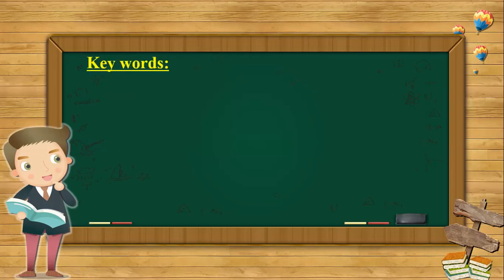Now we've come to the keywords part. The keywords, what are they? Let's say them again. The keywords are flags in the sentence. When I see them, I know I have to use the present simple tense.